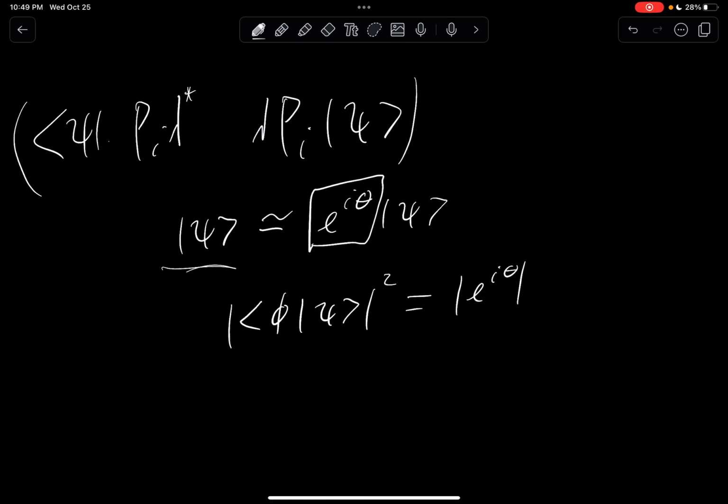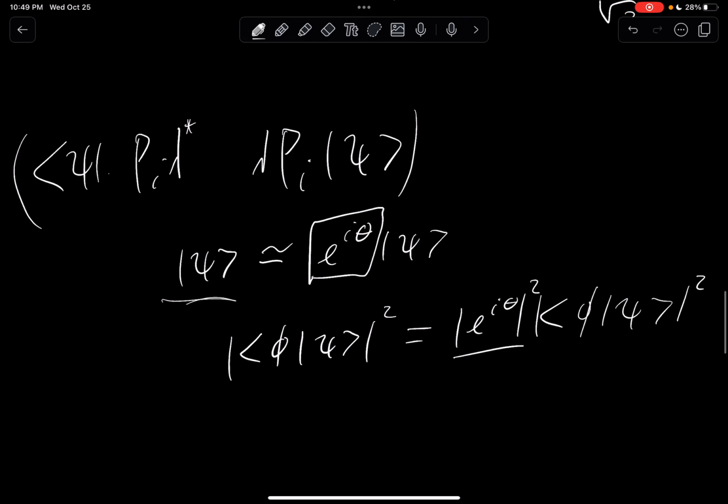Or I can write it as follows. But a phase factor, when I take the absolute value squared, I get back 1. You should double check to see for yourself why that is. There's a nice geometric interpretation of this. And so these phase factors don't matter.